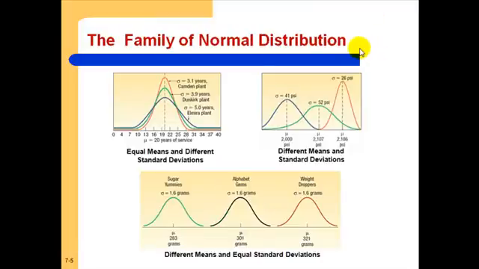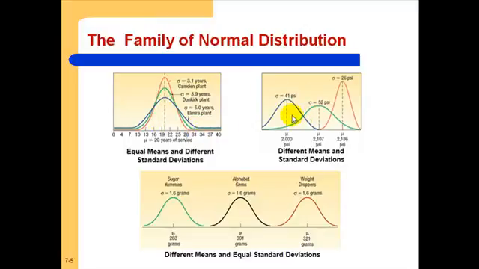There is a family of normal distributions. For this one, these three normal distributions have the same mean, but a different standard deviation. When the standard deviation is smaller, you can tell the normal distribution is narrower and taller. When the standard deviation is larger, the normal distribution is flatter, meaning the data of this distribution is more spread out.